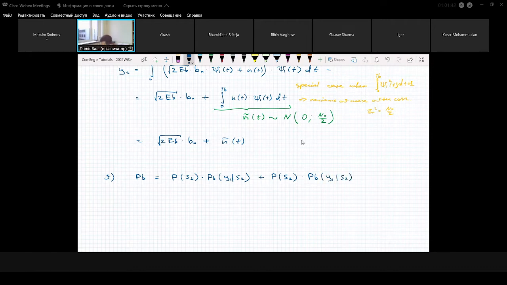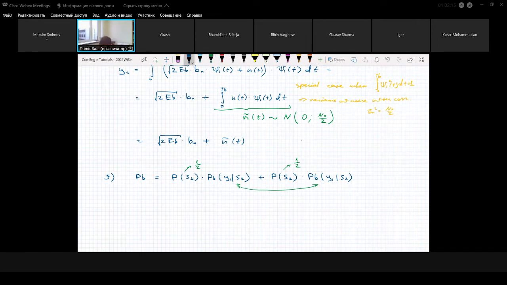when we transmit S2. In our case, the probability of S1 and the probability of S2 are the same, and each equals 1/2. Also, because we have chosen the threshold right in the middle, between the amplitude of S1 and the amplitude of S2, these two quantities will be equal for this specific case.